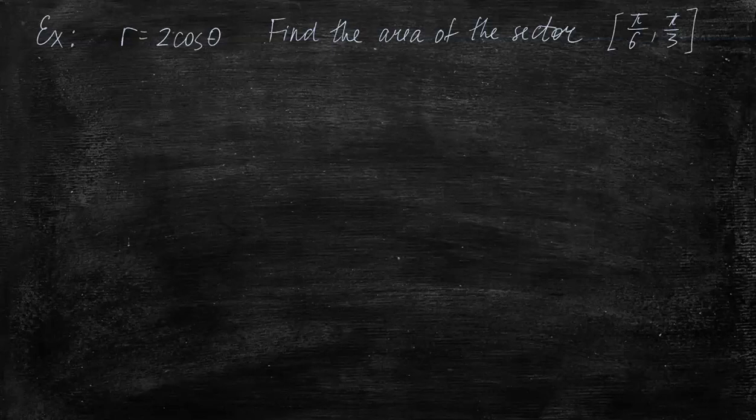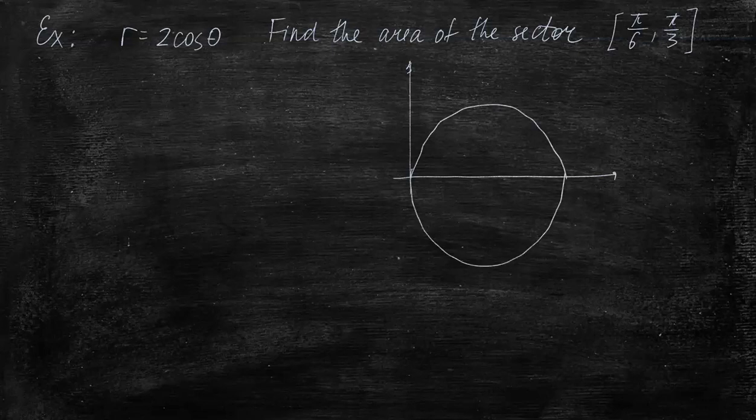And we're going to try to envision what's going on here. In this case, we have an equation of a circle. We can draw a full circle here of radius 1, and we want to know the area of this sector. So we're going to go from pi over 6 to pi over 3. So we're looking for this area.